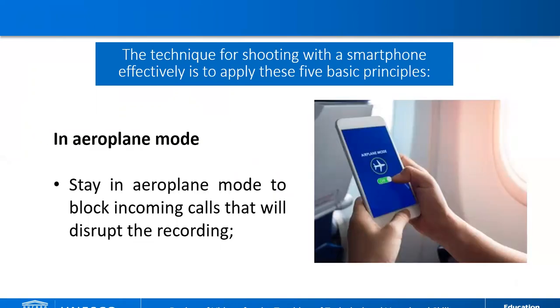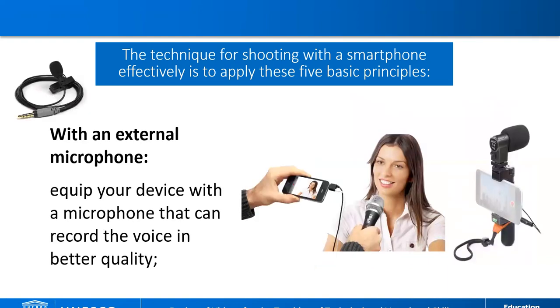Second, airplane mode: stay in airplane mode to block incoming calls that will disrupt the recording. Third, an external microphone: equip your device with a microphone that can record the voice in better quality.